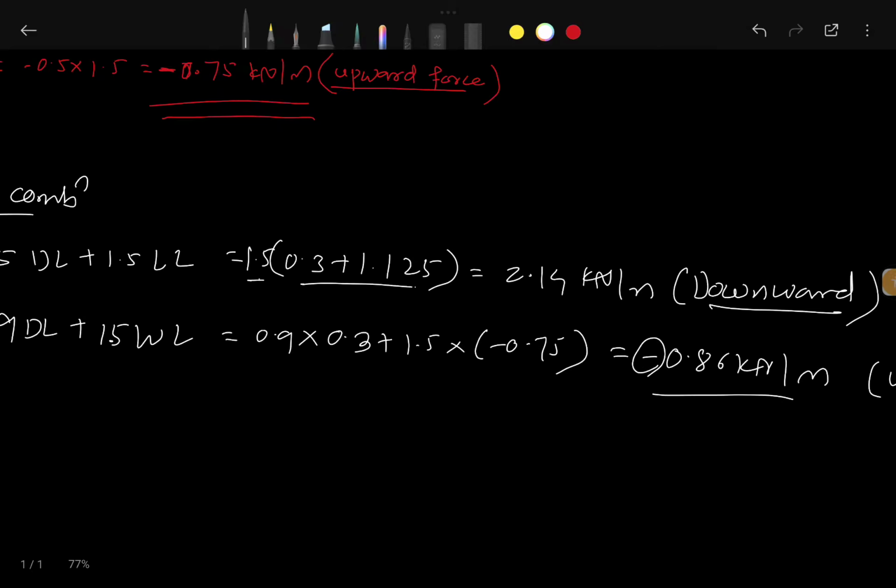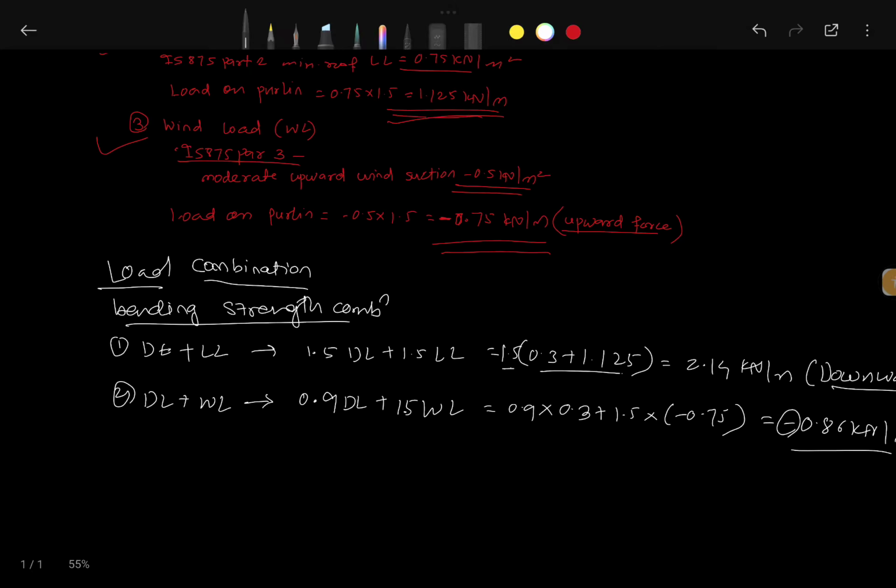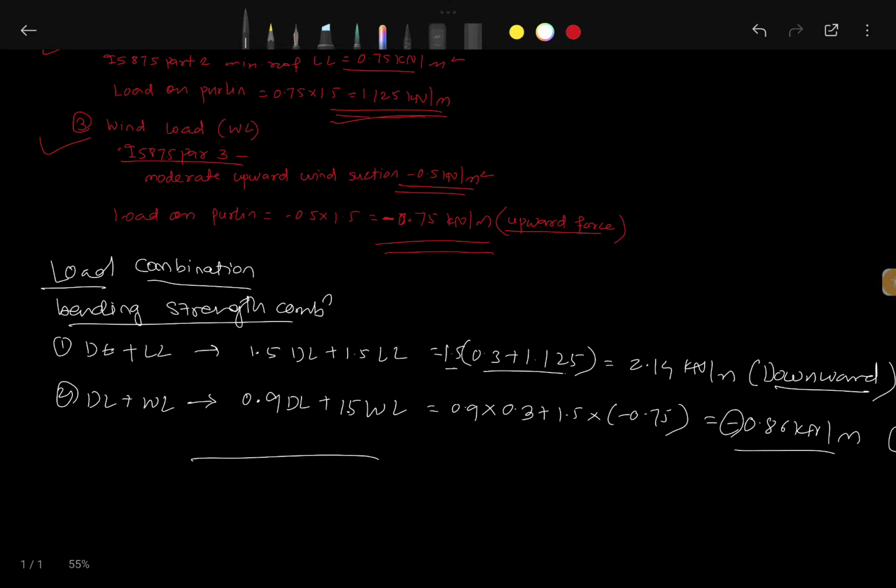Suppose this member we have designed, and the gravity load will come downward.